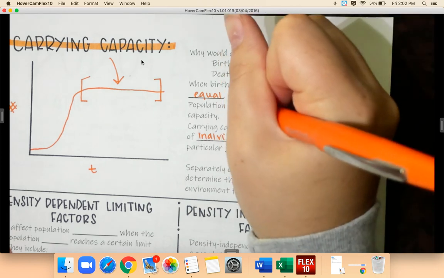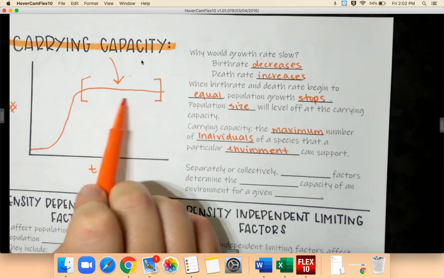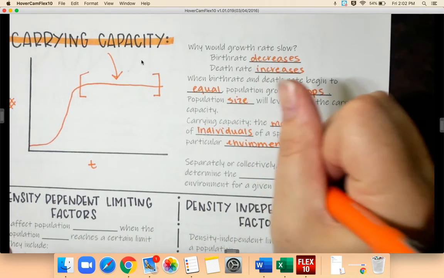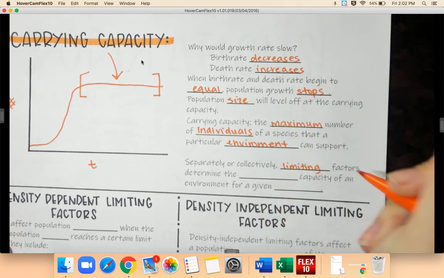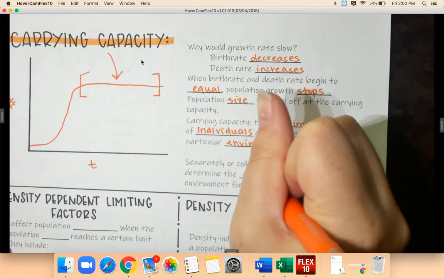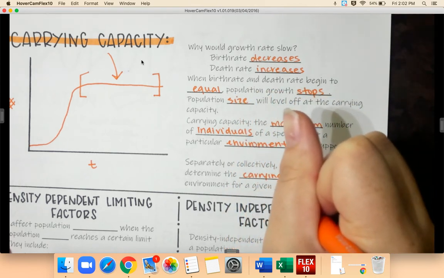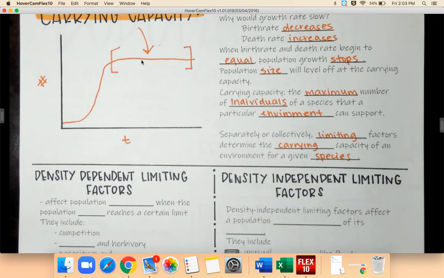Population size will level off at the carrying capacity. Separately or collectively, limiting factors determine the carrying capacity of an environment for a given species. And we'll talk about these factors in the next note session.